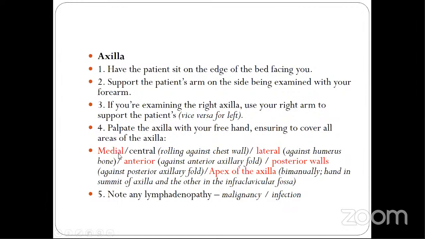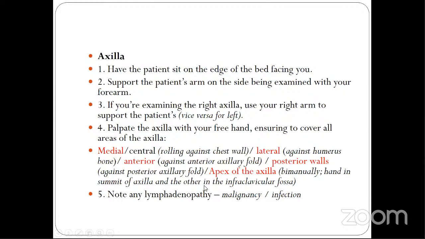Axilla, as we said: medial or central wall, you will move your hand and palpate against the chest wall. Lateral, palpate against the humerus bone. Anterior, palpate against the axillary fold. Posterior wall, against the posterior axillary fold. Apex of the axilla, palpate with one hand in the summit of the axilla and the other in the infraclavicular fossa.